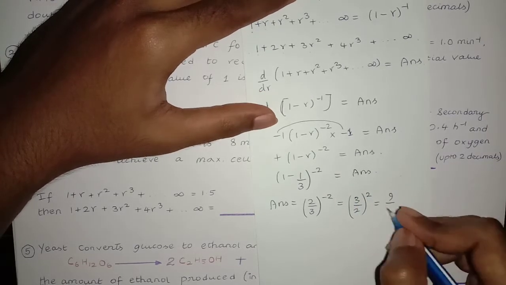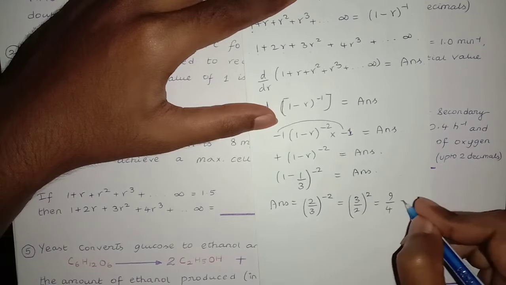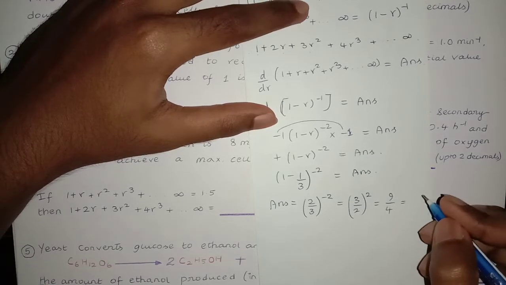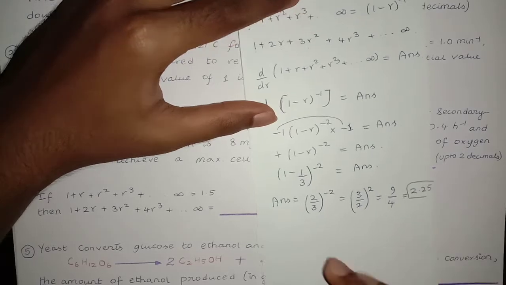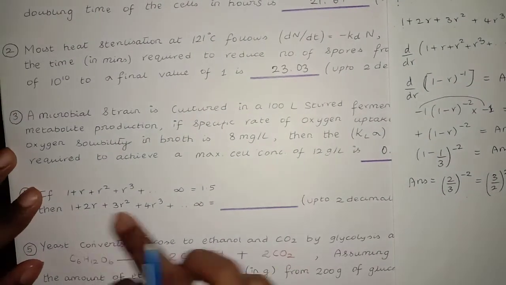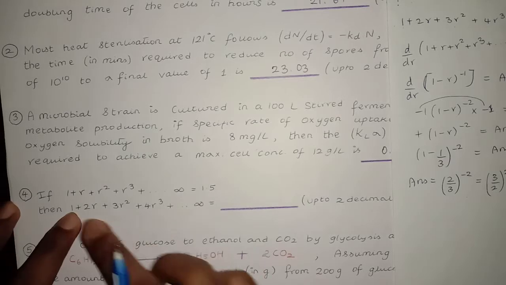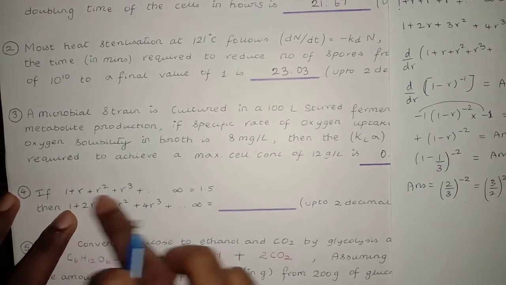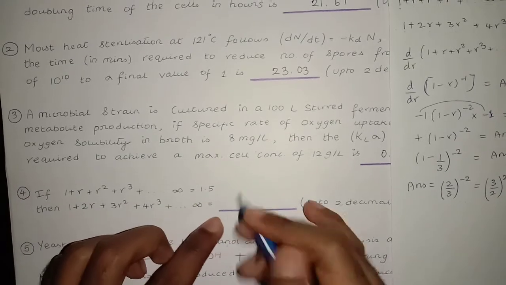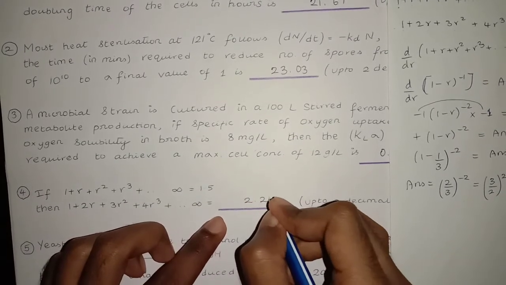On squaring 3 we get 9, squaring 2 we get 4, so 9 by 4, that is 2.25. So this expression is nothing but the differential, that is d by dr of this equation, which results as 2.25.